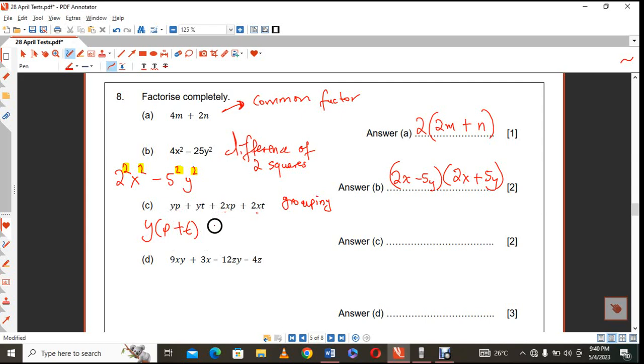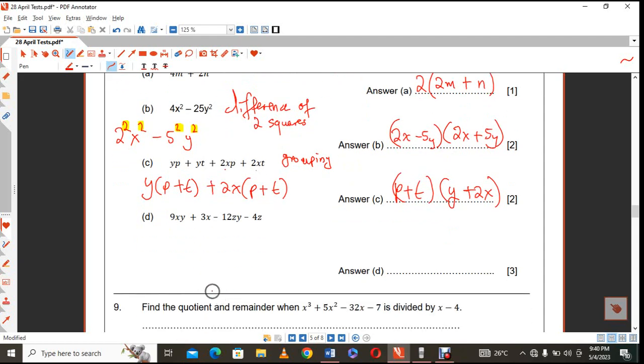And what is common in these two terms here is 2x and then p plus t. All right, so now the way you're going to write it is you're going to put p plus t in its own bracket, and y plus 2x in its own bracket. Again, it doesn't matter which bracket you write first. You're multiplying ultimately, and the product will be the same. So that is something worth remembering. So p plus t, y plus 2x, could have swapped the brackets, doesn't really matter.